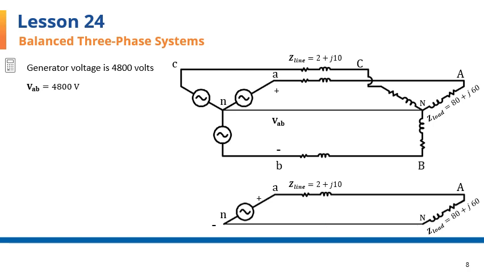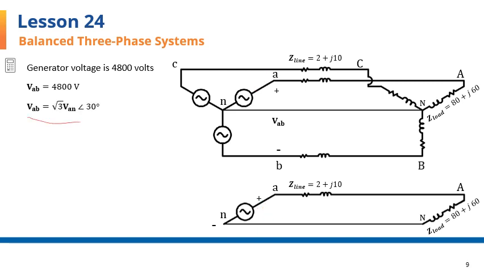Let's first find the line to neutral generator voltage, VAN, either there or here. We know that in a positive sequence system, VAB leads VAN by 30 degrees, and its magnitude is the square root of 3 times the magnitude of the VAN, as shown in this equation here.